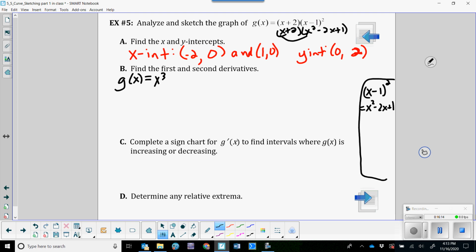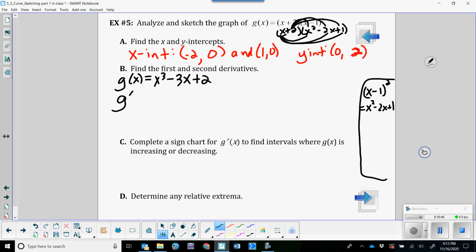Then you're going to have an x times a negative 2x, which gives you negative 2x squared, but you're also going to have a 2 times x squared, so those will cancel. And you're going to have x times 1, and then I'll have a 2 times a negative 2x. So that gives me negative 3x, and then I'm going to have plus 2, because I'm going to take the 2 times the 1. So you take your time and multiply that out, but I would say that would be the easiest thing to do.